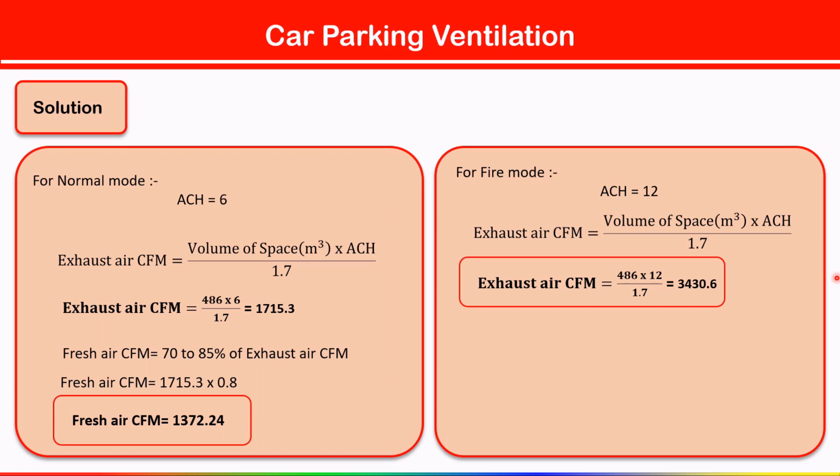Because for fire we need three parameters. What are they? Oxygen, heat, fuel. If one of them is not present, fire will not occur. So if there is a fire in the basement and you supply fresh air, it means you are supplying oxygen into the basement, and the fire will increase.